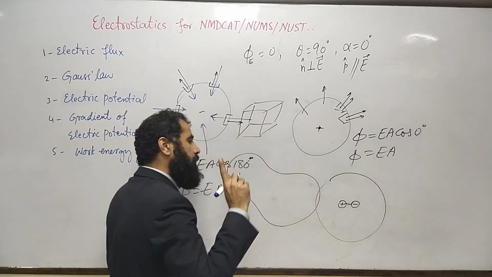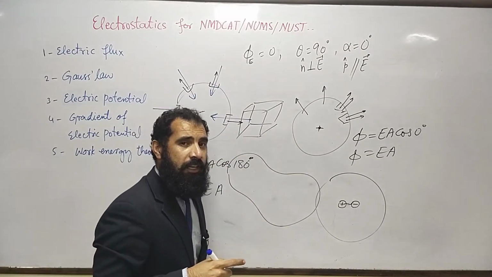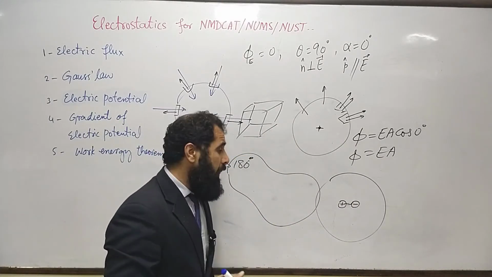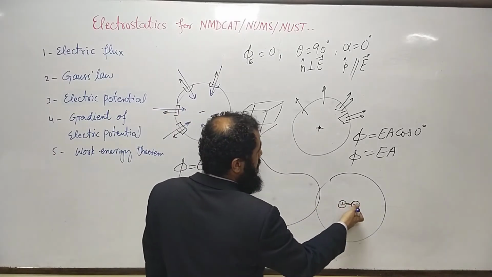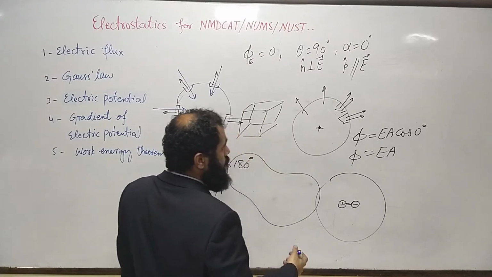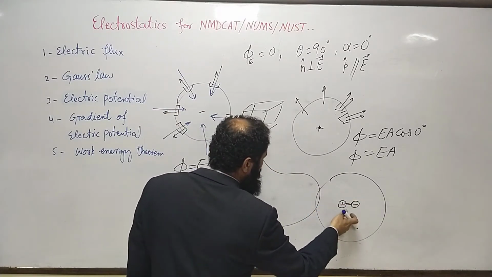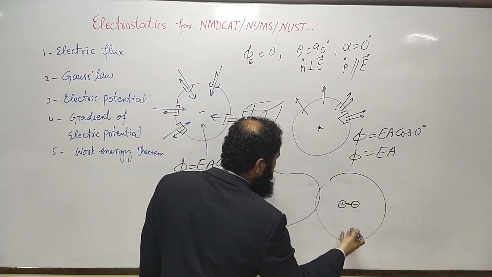As I told you in our previous lecture, charges have an additive property. You can add them algebraically and they can get 0 value. So in this case, the total flux is 0. Why 0?